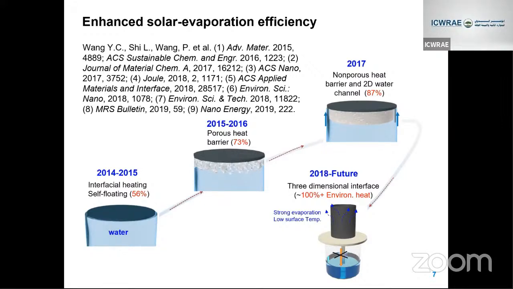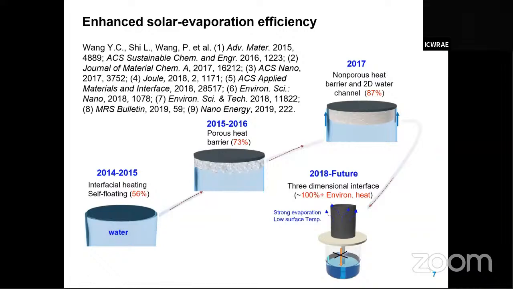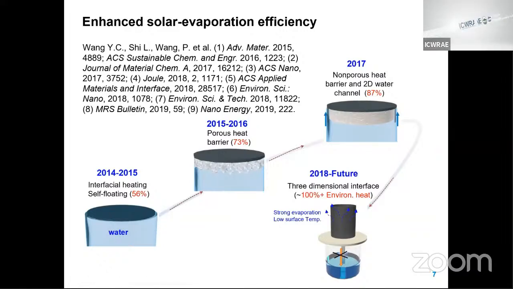Here I just give you a very brief summary of what happened in the past 6 years. Starting in 2015, that's when the new interfacial heating scheme was added to the solar desalination process. With this in the system, we could achieve an enhanced energy efficiency of around 56%.